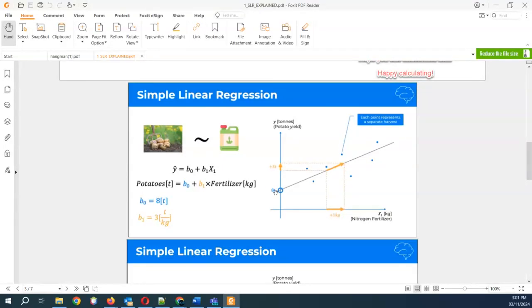So as you can see, this is the base minimum. This is y-intercept, 8 tons. And then if you put some fertilizers, you see growth in your production of potatoes. You see the arrow is going up, meaning that the more fertilizer you put, the more production you will get.